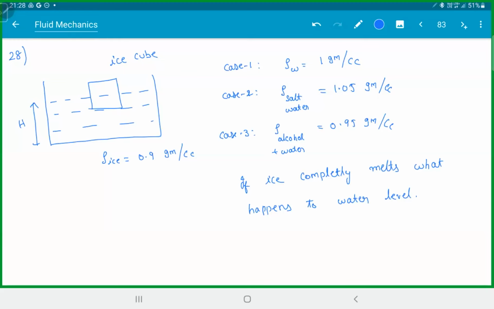Okay, case 1, right? Case 1 is a standard question, CET bits. Case 2, case 3, I just modified them.